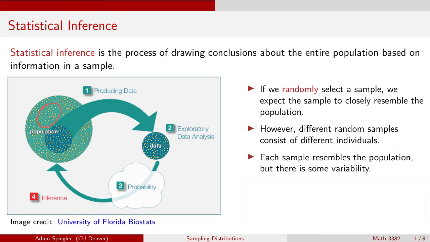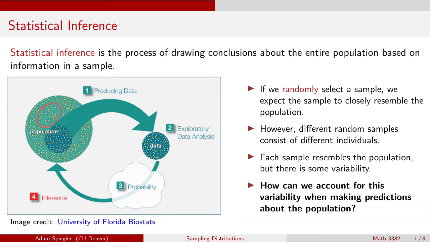So the question is, when we're using samples to make predictions about the population, how can we account for this variability in the sample, since my sample is going to be close to the population, but not perfect? On the next slide, let's see how we can use repeated sampling to construct a sampling distribution to get some idea of how big this variability is.